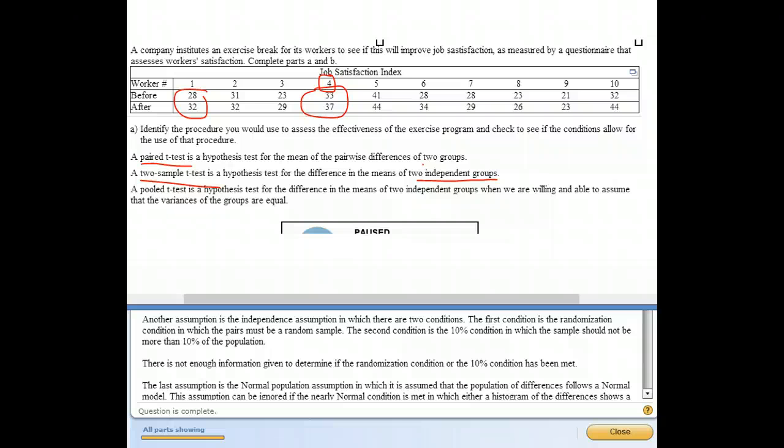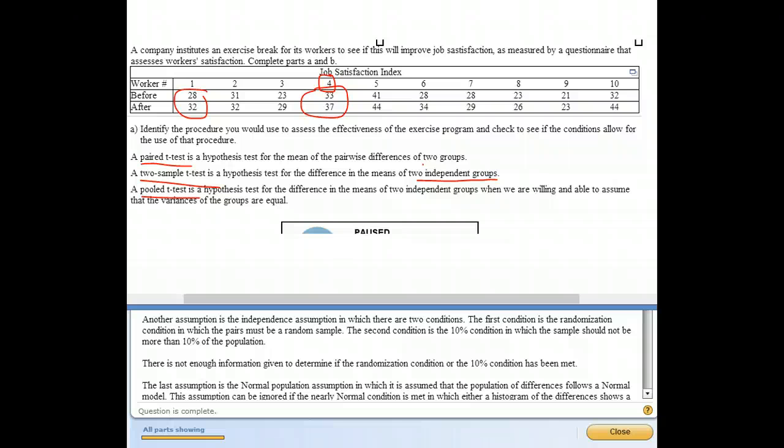So if you're working with secondary data, then you have to get as much information as possible on how the data was collected. The other possibility is the pooled t-test, which is used for independent groups. So it's going to be a more specific two sample t-test almost, because it would have had to meet that condition in order to be considered for a pooled test.